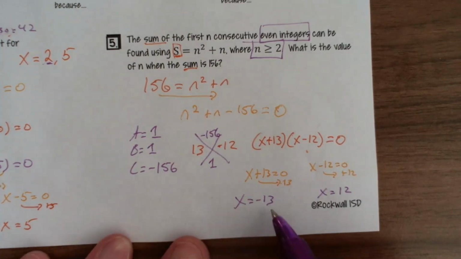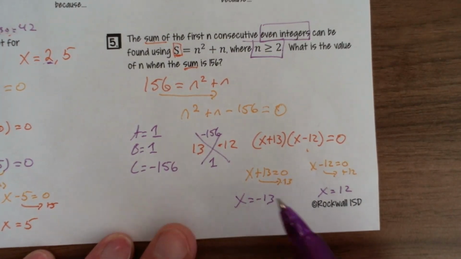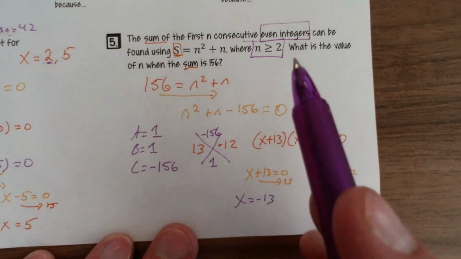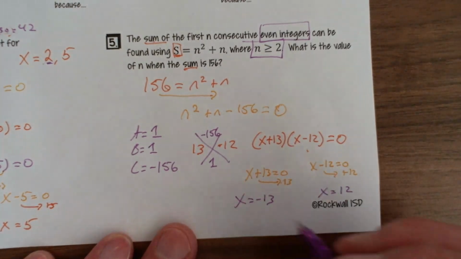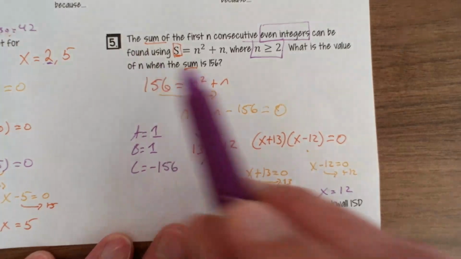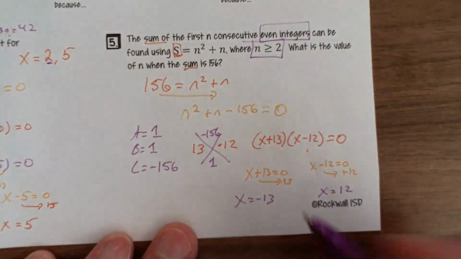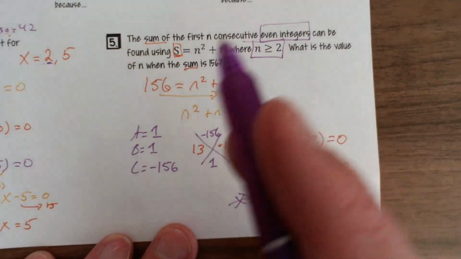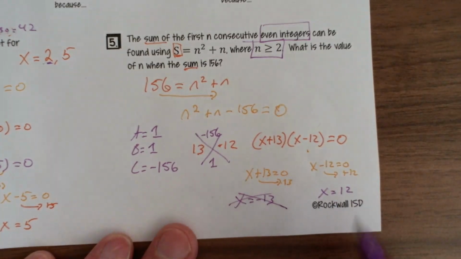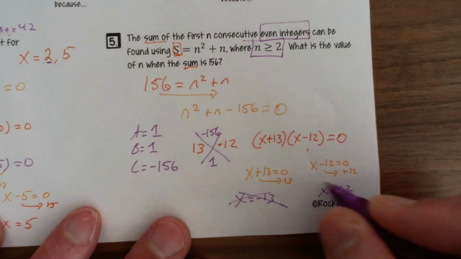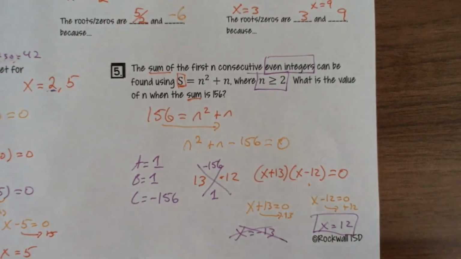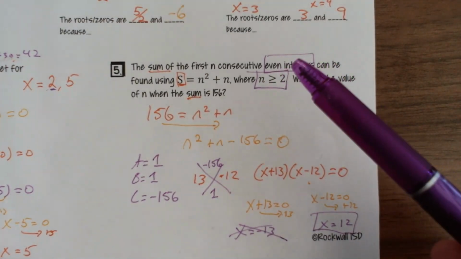So therefore, negative 13 is not greater than 2. Negative 13 is not an even number. So therefore, based on the story part of this problem, this one doesn't work. Based on the story part of this problem, this works. So x equals 12 is my answer, because it has to be positive, because it has to be even.